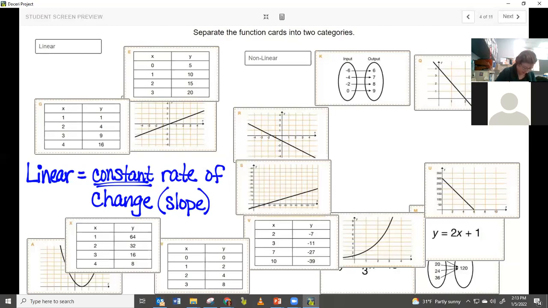Brennan, looking good. Brennan, everything that is in your linear group right now is correct. You still need 4 cards in order for that one to be complete. And one of the tables in your nonlinear group belongs in your linear group. Brianna, let me look at that.